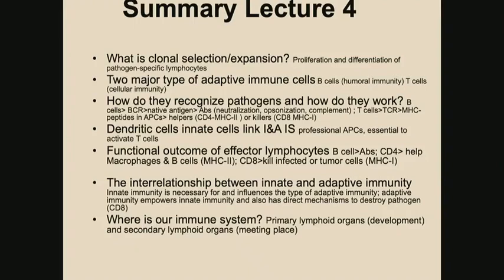I activated genes that are better fit to help macrophages, okay? While the follicular helper cell path of differentiation activated genes that are more tailored to help B cells, okay?